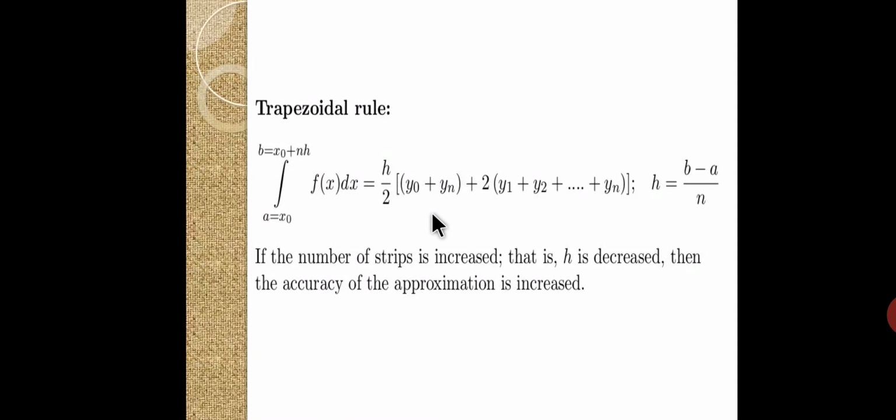In this way you can remember this formula: h by 2 into the sum of first and last ordinates plus 2 into the sum of the remaining ordinates.